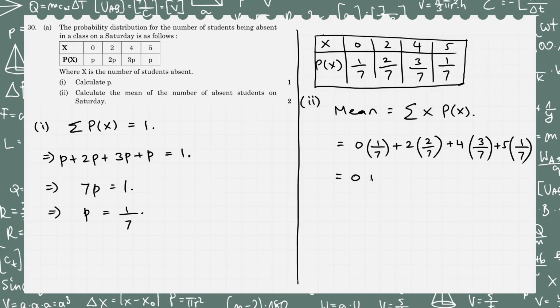So the first value is 0, 2 into 2 by 7 is 4 by 7, 4 into 3 by 7 is 12 by 7, 5 into 1 by 7 is 5 by 7. So taking 7 as LCM, we have 4 + 12 + 5 in the numerator, which is 21 by 7, which is 3. So the mean for the absent students will be 3.